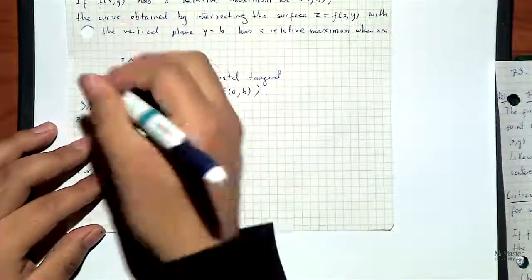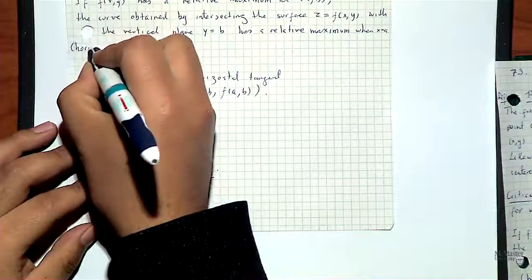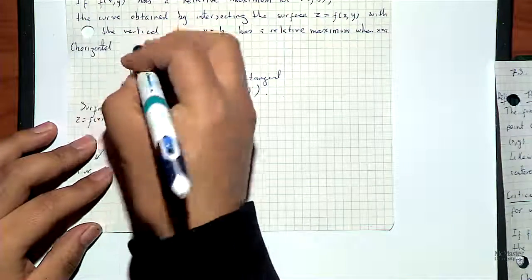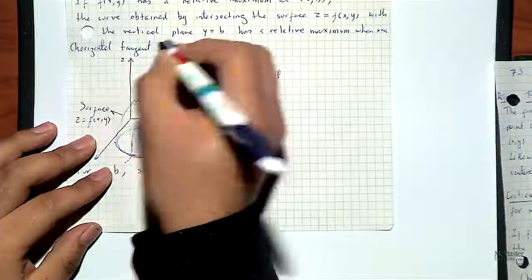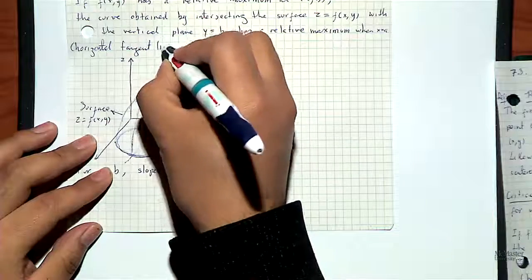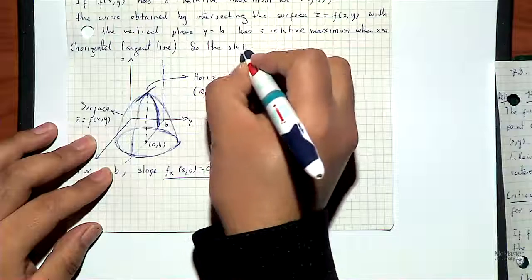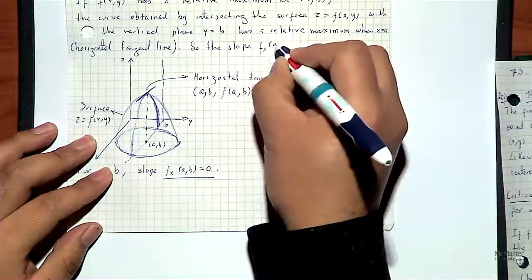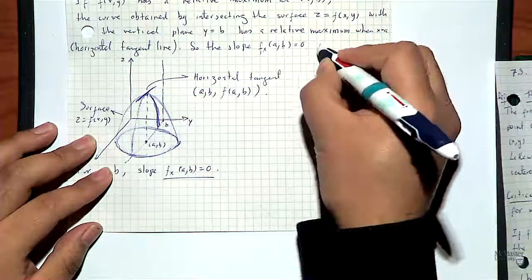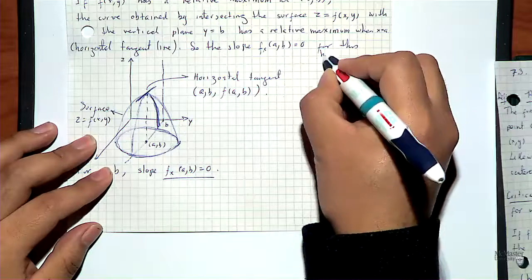And in this case, what you would have is a horizontal tangent line, as we have made clear from the geometry. And in that case, the partial f sub x at a, b would be 0 for this horizontal tangent.